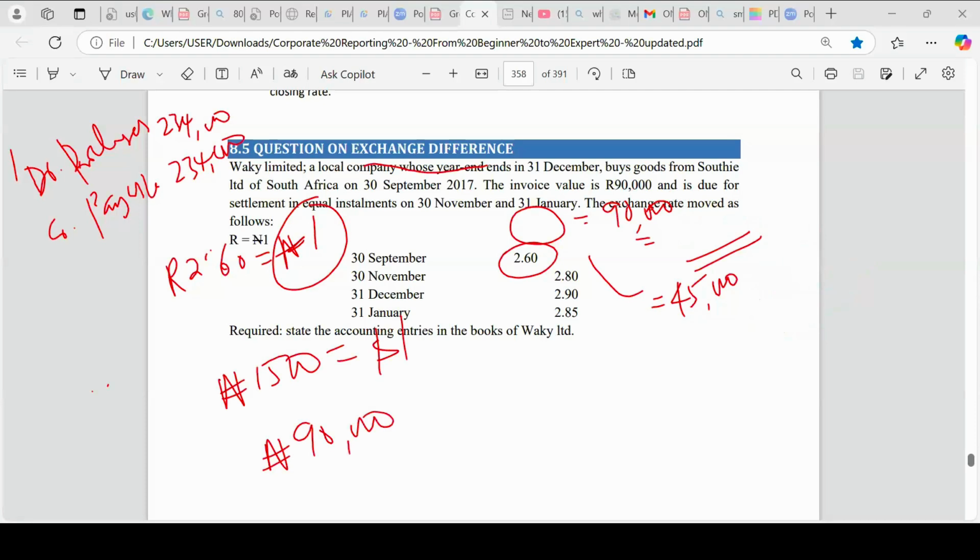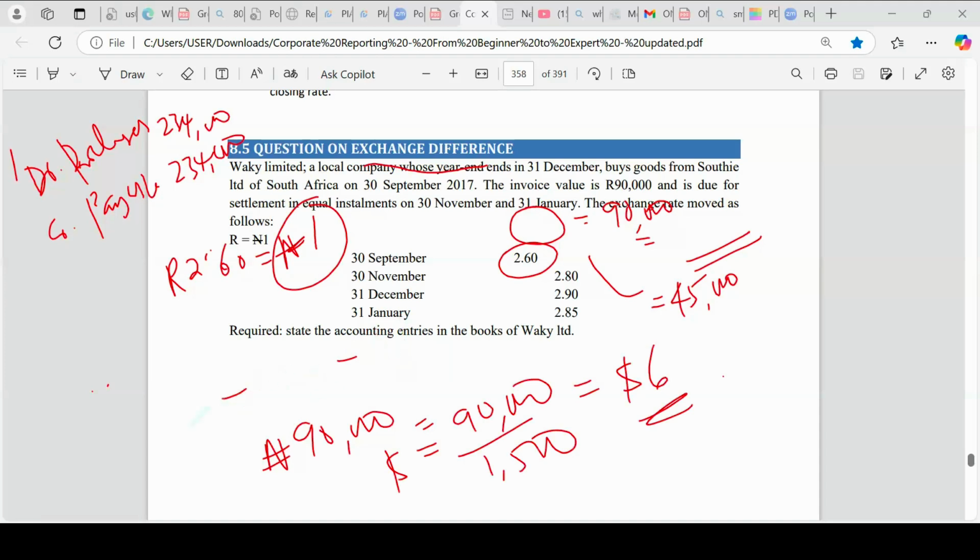I won't be multiplying by 1.5. What I'll be doing is saying in dollars, it will be 90,000 divided by 1.5. Is this clear? And that should be about $6. So that is how you do conversion.